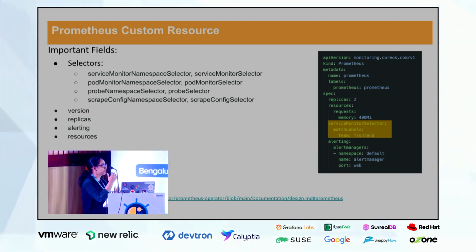There is also the ServiceMonitor namespace selector, where you can specify which namespace labels to match. If nothing is specified for the ServiceMonitor namespace selector, only its own namespace will be checked, meaning wherever the Prometheus is being deployed.